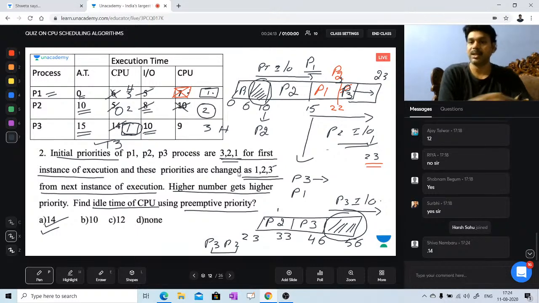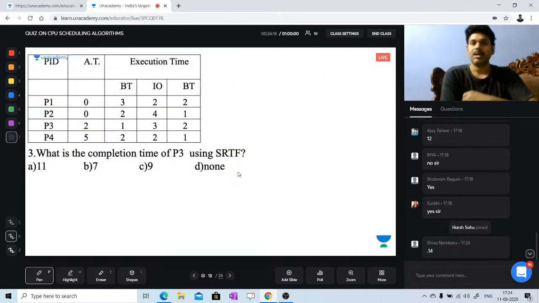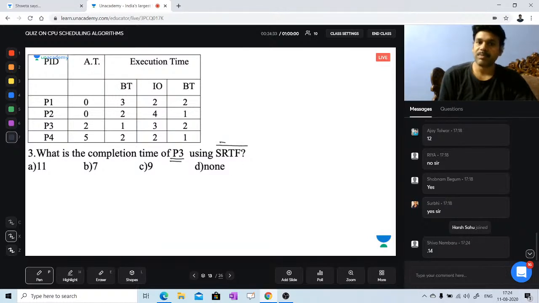Let us see the next question. Please see, this is your next question. What is the completion time of P3 using SRTF? You see that two processes arrive at 0.